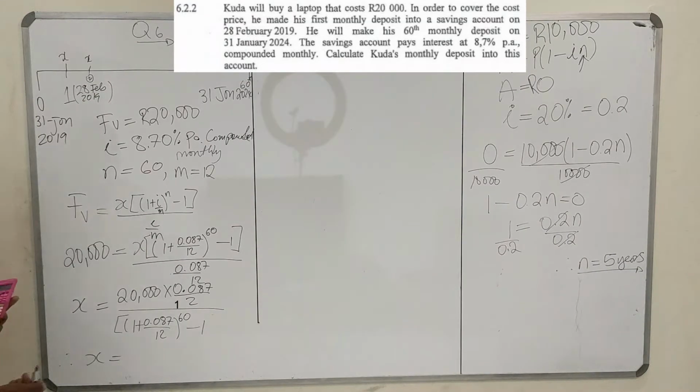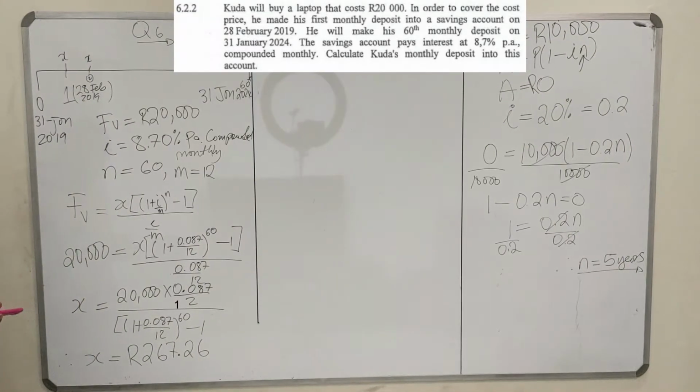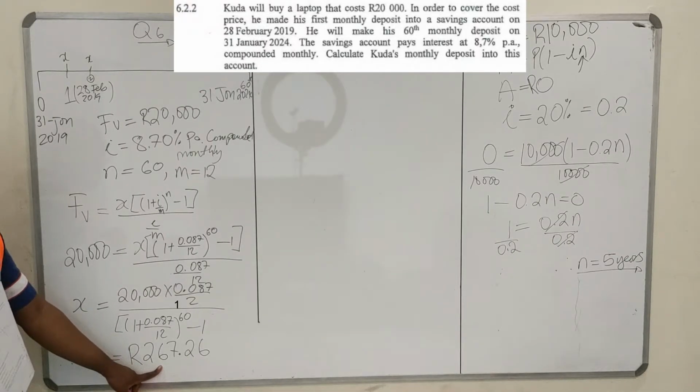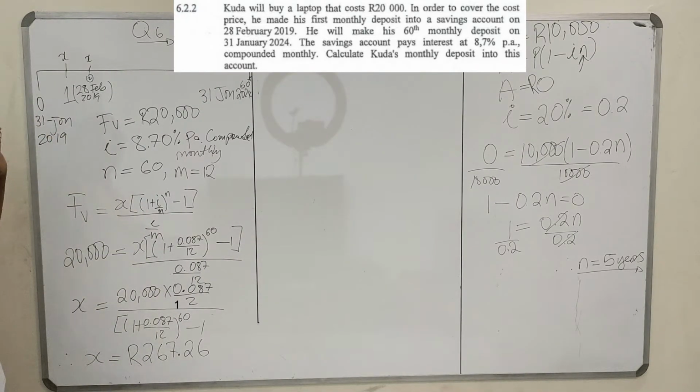So the amount that our friend will be paying to this account will be 267 rands 26 cents. So these will be the monthly payments for 60 months or 5 years. He will make the monthly payments of 267 rands 26 cents for 60 months in order to have 20,000 at the end of 5 years.